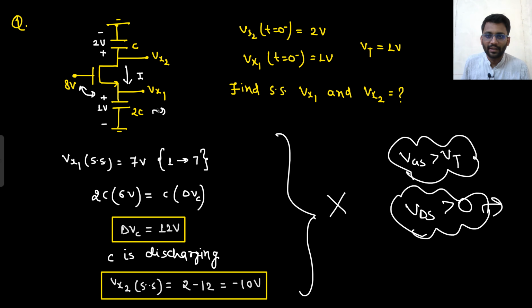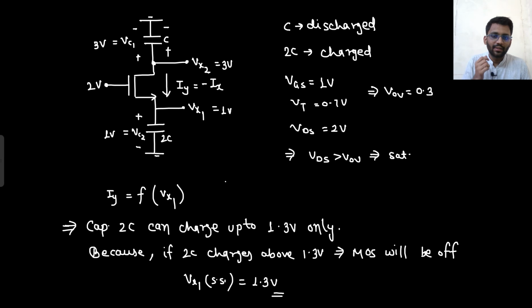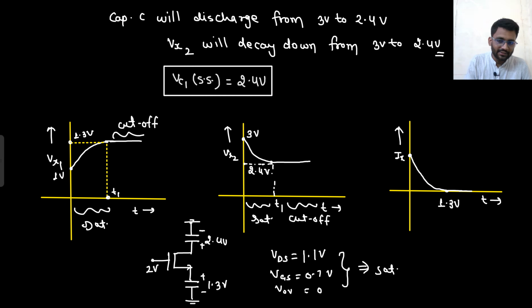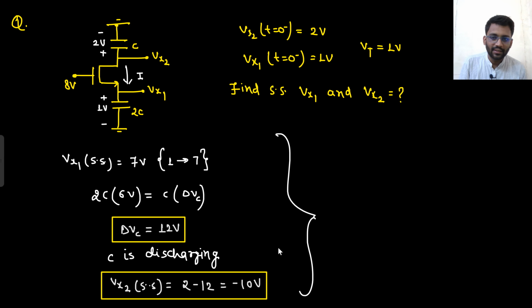Now we will solve the problem correctly. In the previous problem, I did not care about it. Why? Because at the steady state, I could see that my VDS is 1.1 volt, which is already greater than 0 volt. But here, what is my VDS?